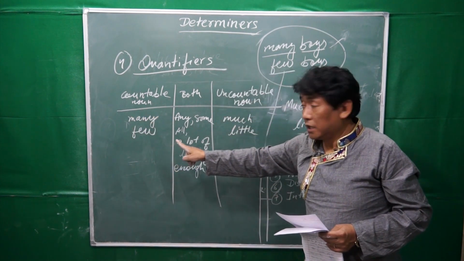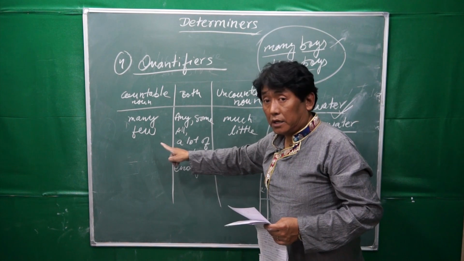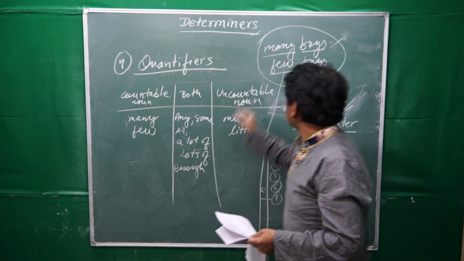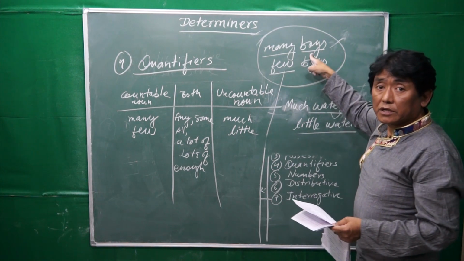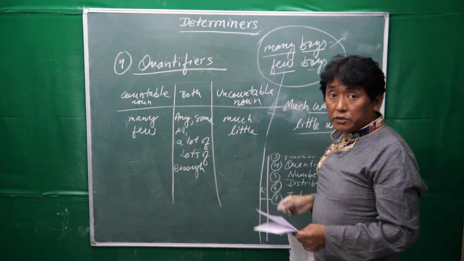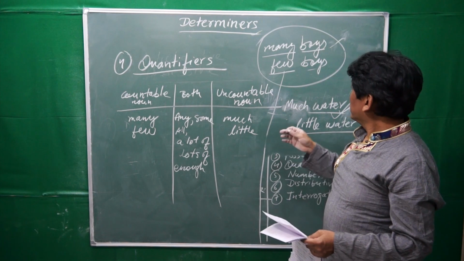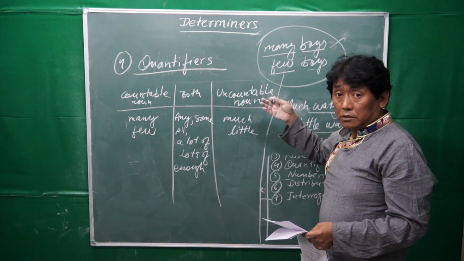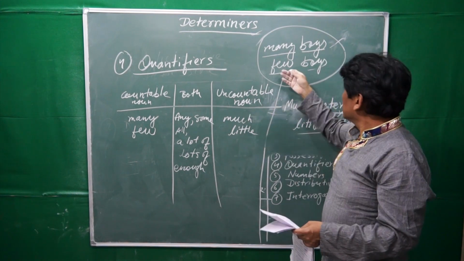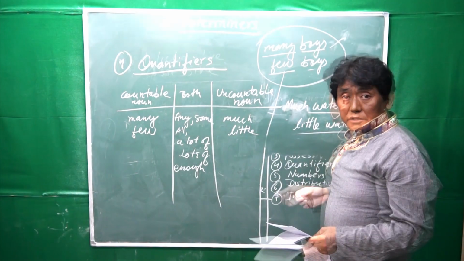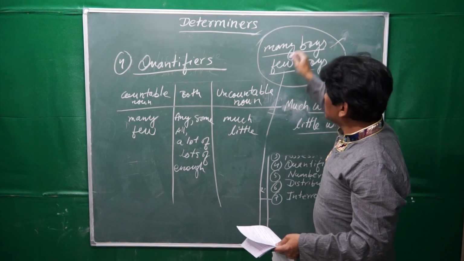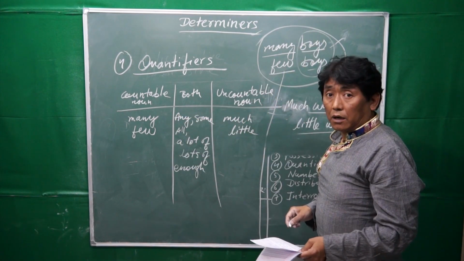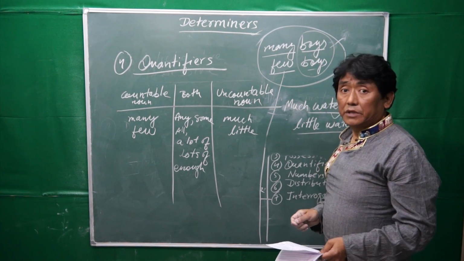When the noun is countable and is small or large, then we can use many. Like many boys. Boys we can count. So we write many boys. And if we have fewer boys, that is countable boys, we write few boys. That is how we can use these determiners in front of countable, only in front of countable nouns.